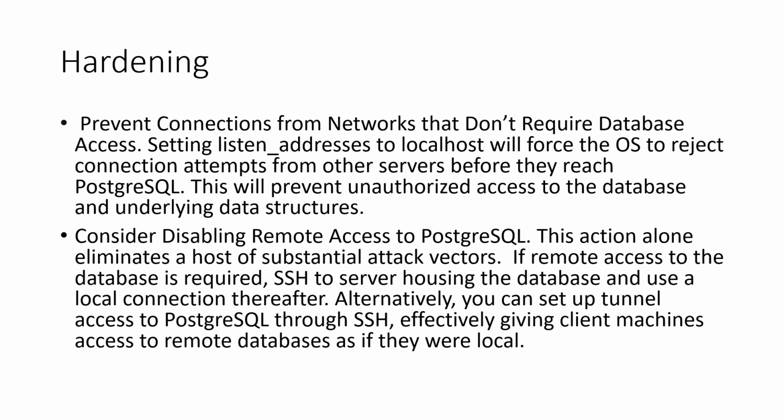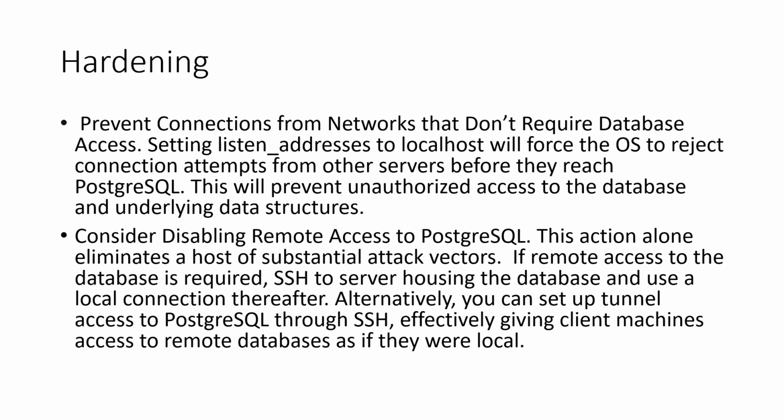Setting listen_addresses to localhost will force the operating system to reject connection attempts from other servers before they reach PostgreSQL. So you could just do this from the settings by making listen_addresses localhost. This will prevent unauthorized access to the database and underlying data structures.